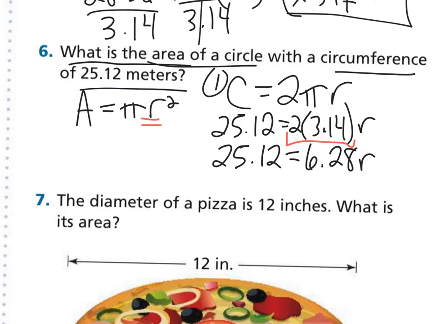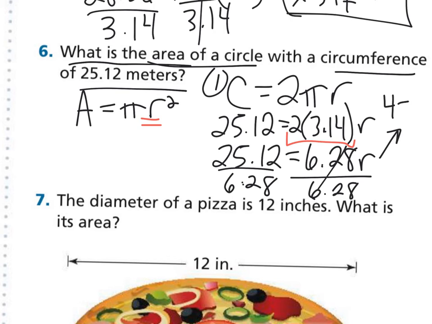Would be 6 and 28/100ths. And then we would need to divide. Good. So we divide by 6 and 28/100ths. In this case, that is just the radius, which comes out to be 4. So our radius is 4.